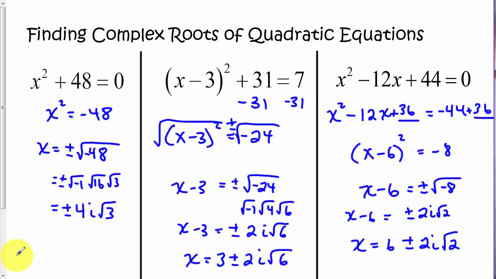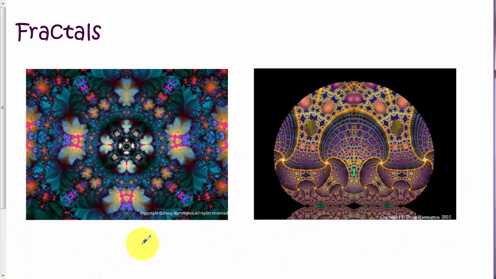So that wraps us up for complex numbers. One interesting thing, an application of complex numbers that you might want to research is called fractal art. You might have learned about fractals in geometry. Fractals have a power, if you zoom into this picture anywhere, it's the same pattern repeating in an infinite manner.